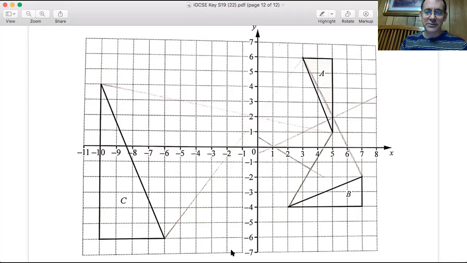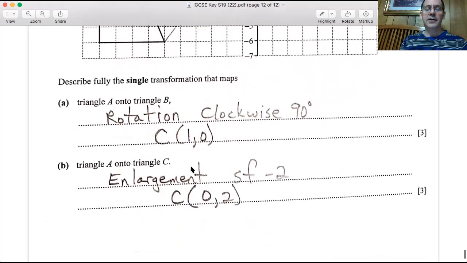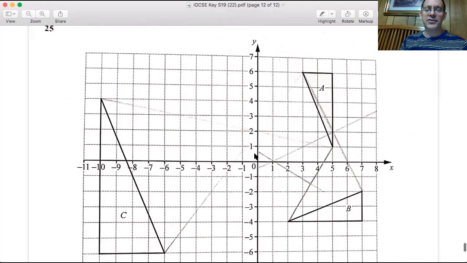So a scale factor of -2, and we need the center point, and the center point is going to be where these lines crisscross or intersect, which is at (0, 2). So enlargement, scale factor -2, and center (0, 2). (0, 2) is where our lines crisscross from corresponding vertex to corresponding vertex.